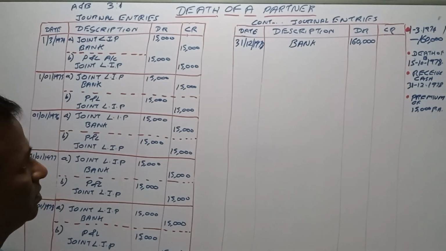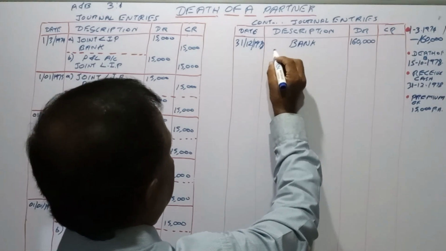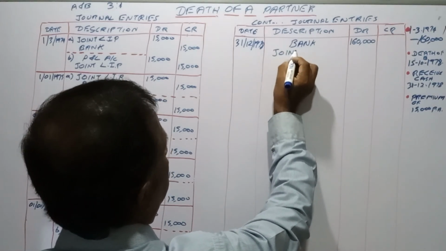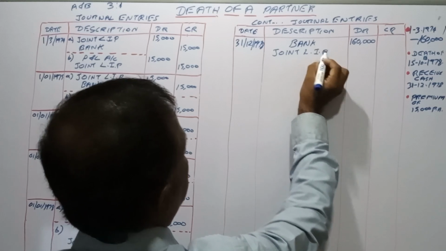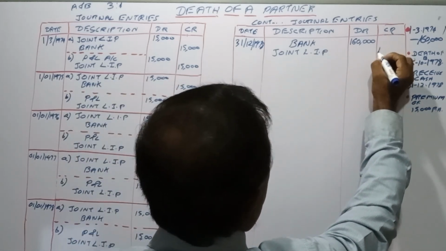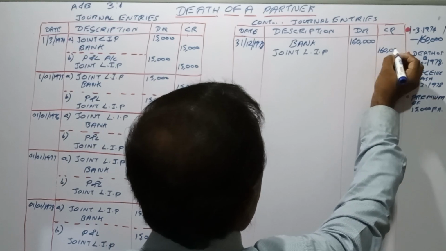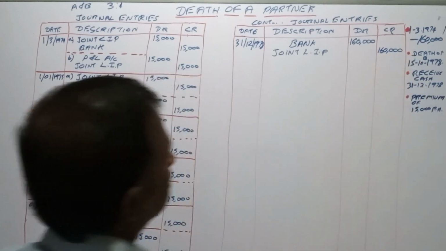Bank account debit, and joint life insurance policy is credit 160,000, right?